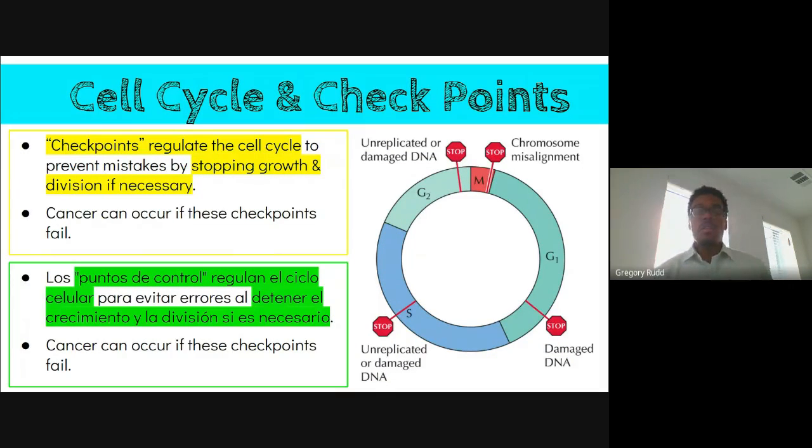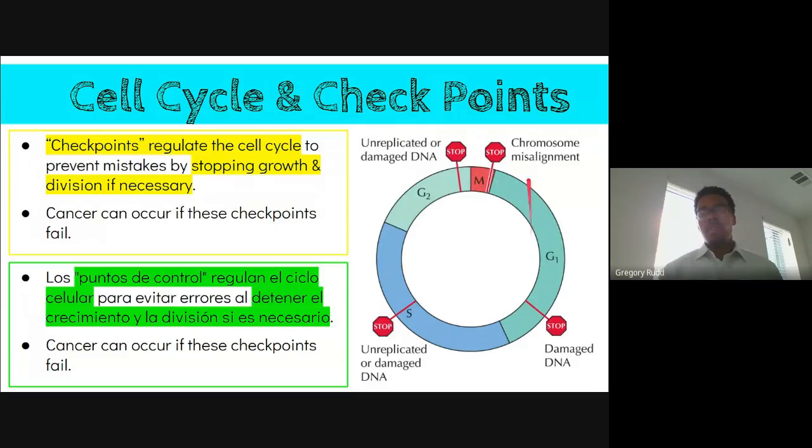All right. So our cells are very smart. And exactly what Brian just mentioned, the mutations can sometimes mess up the intelligence of the cell. So normally cells have checkpoints that regulate the cell cycle to prevent mistakes by stopping growth and division if necessary.